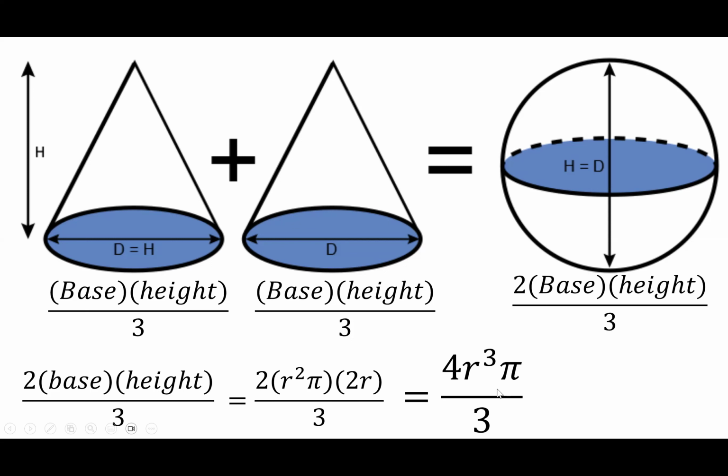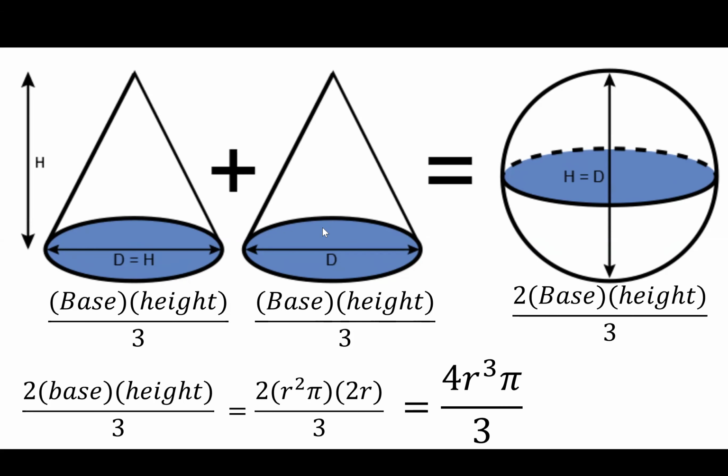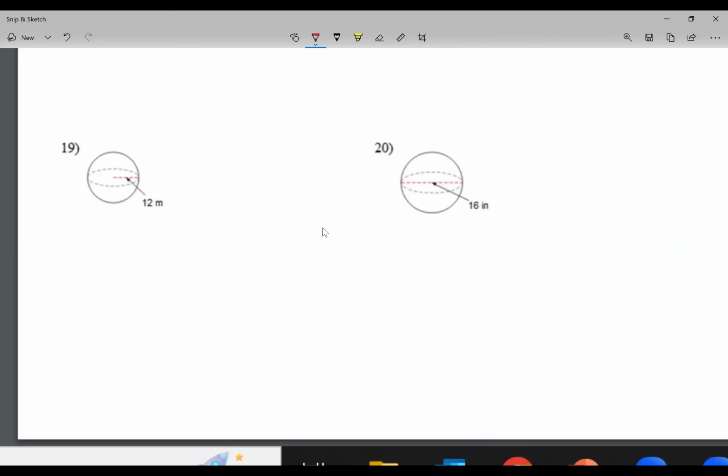So guess what? I only need to know the radius. So let's take a look at our work. I just need to know the radius. So I'm going to say from number 19, my radius is 12. And I know the formula is 4 times radius cubed times pi, divide this by 3.